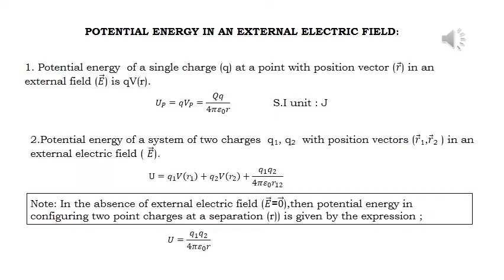There are 3 terms. Remember, whenever the external field E vector is absent, that is E vector is 0 and the potential is 0, then q1 V of R1 is 0 and q2 V of R2 is 0, and only the third term is left: q1 q2 by 4 pi epsilon naught r12. This is a very important point to be noted.